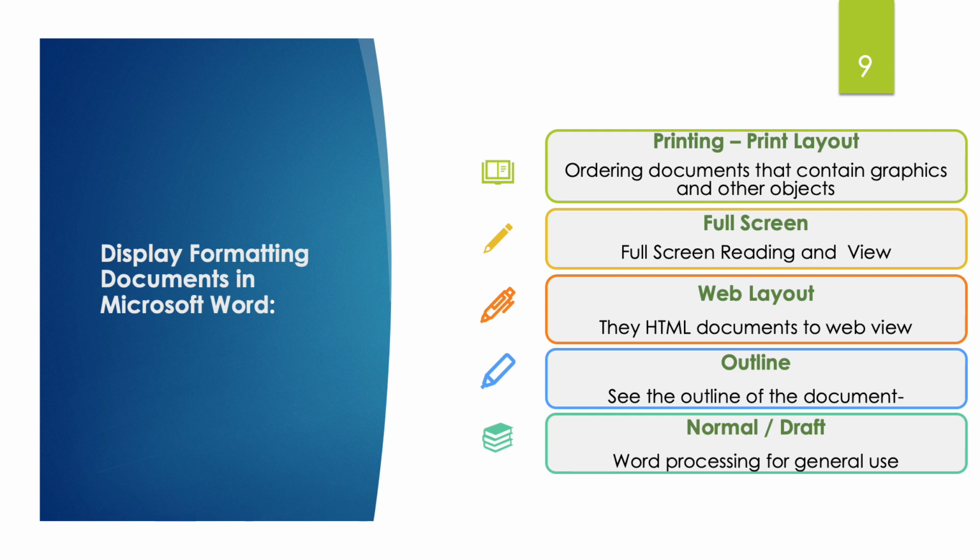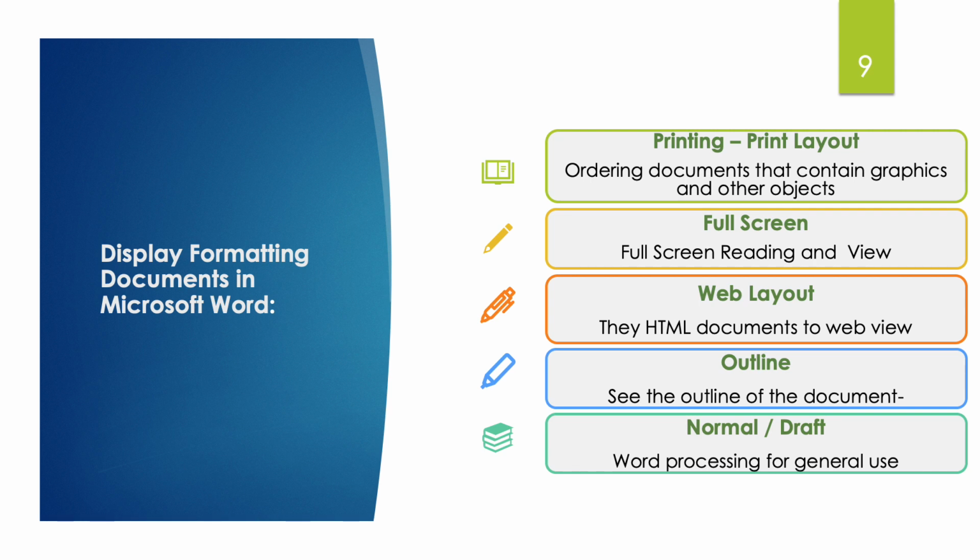Okay, in terms of displaying the document in Microsoft Word, there are several ways to view the document. Right, so you can use the print layout. You can have the full screen. You can have the web layout. I showed this web layout before when we were learning about web pages, right?